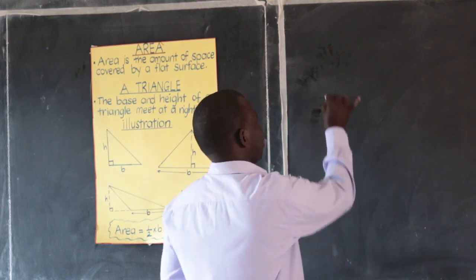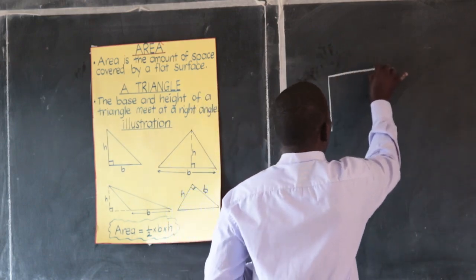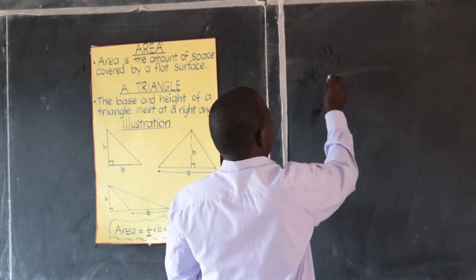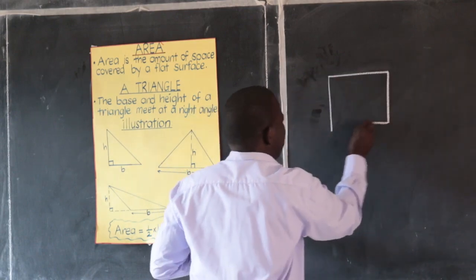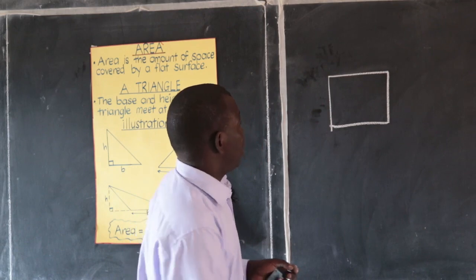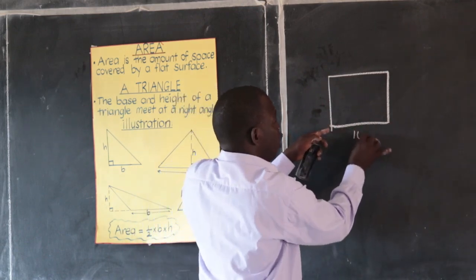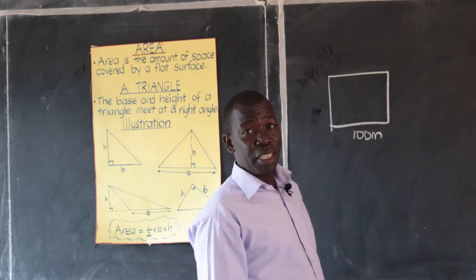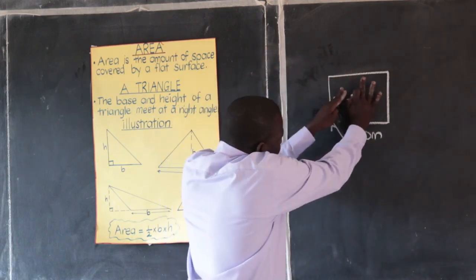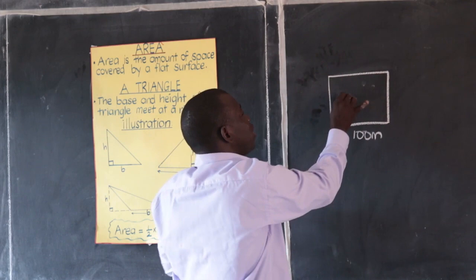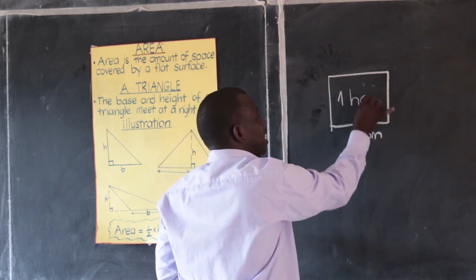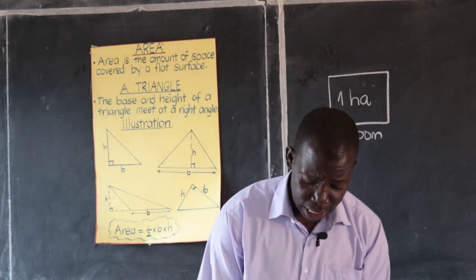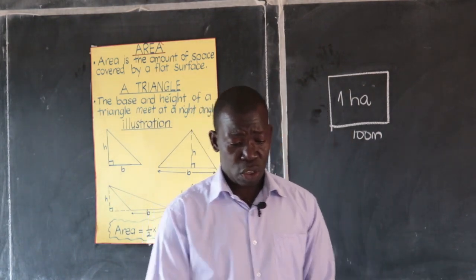Meaning, if I have my square region from here up to here as 100 meters by 100 meters, the area that is covered by this is 1 hectare. We had that. We went deep about that, and so on.